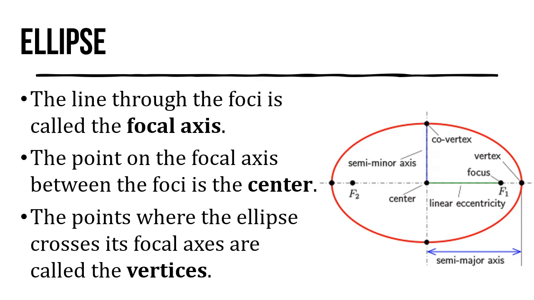The midpoint of the major axis and minor axis is also the center. So if you apply the midpoint formula given the coordinates of the vertices and the co-vertices, you can get the coordinates of the center.